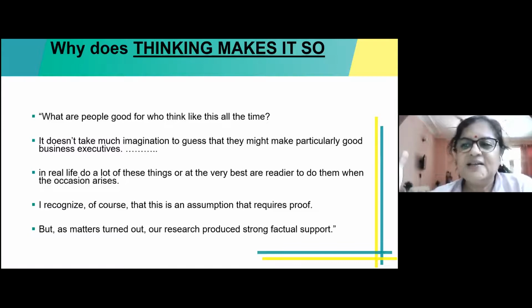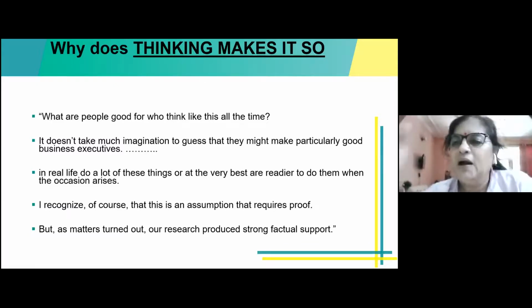And then he says, of course, you may think this is an assumption, that just because I think how to do things better, or just because I'm all the time concerned with improvement, improving myself, beating the standards of other people, or having a unique achievement or a long-term goal.